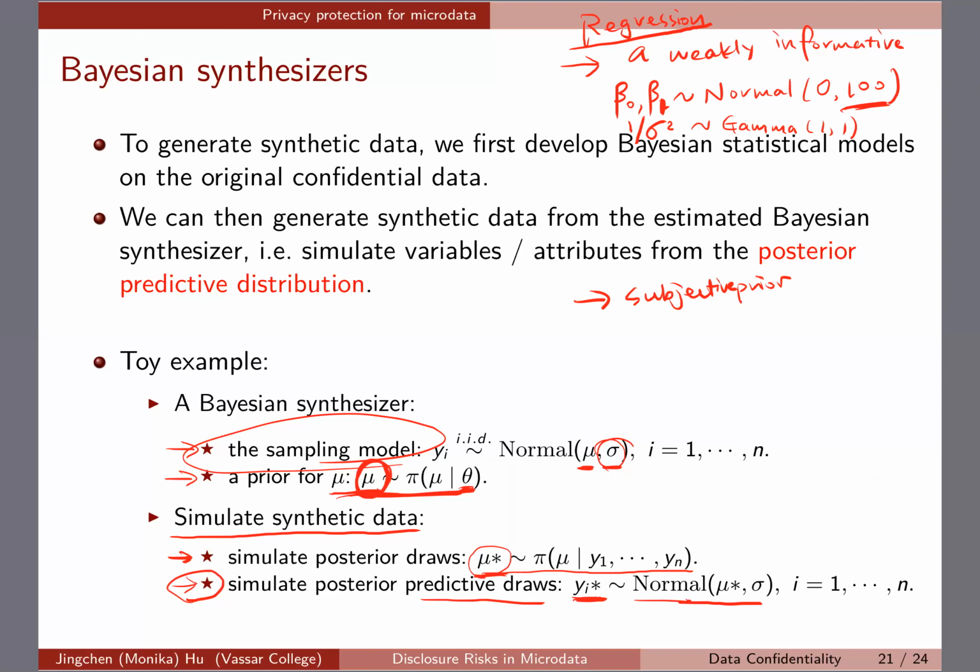Typically, it's not giving a prior directly on beta 1 and beta 0, but giving, say, particular observations, like with that mean, you think it's going to behave in that way, and then you transfer it back to beta 0 and beta 1. So I think the short answer is you will try to use prior information if you can, but if you don't have anything, you can use a weakly informative prior.